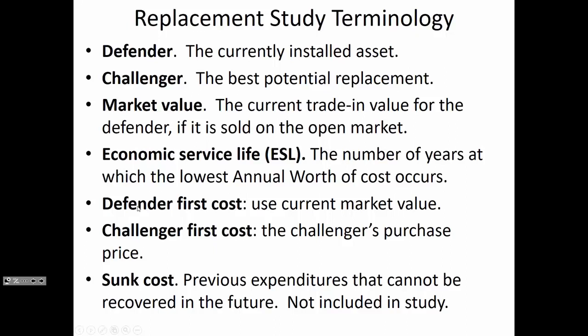You know, an opportunity cost of keeping your current equipment is the fact that you're not selling it. And so you have to use the current market value for an existing item as its first cost when you're comparing alternatives. And then the challenger's first cost would just be the purchase price. Now, sunk costs, I don't want to focus on too much today.